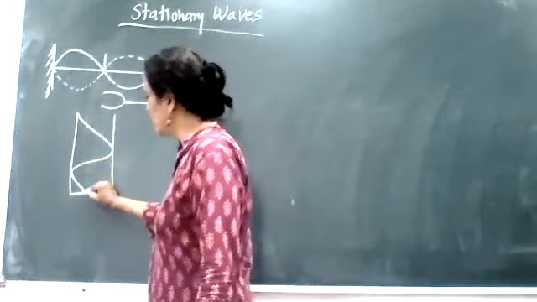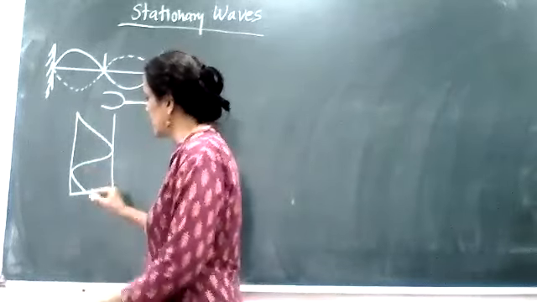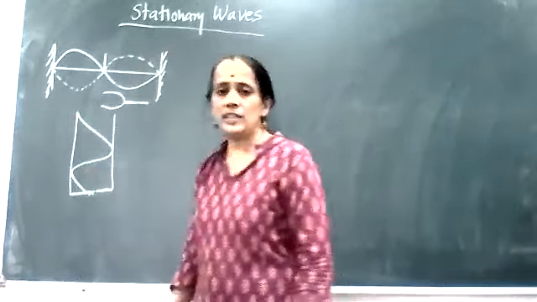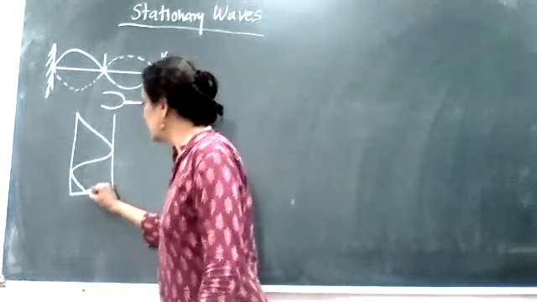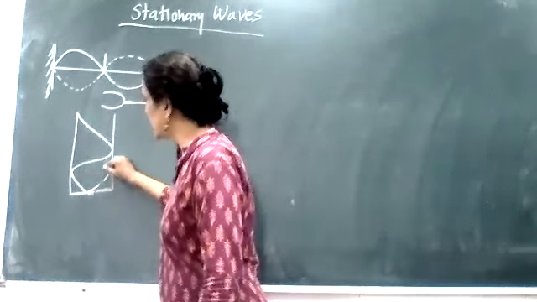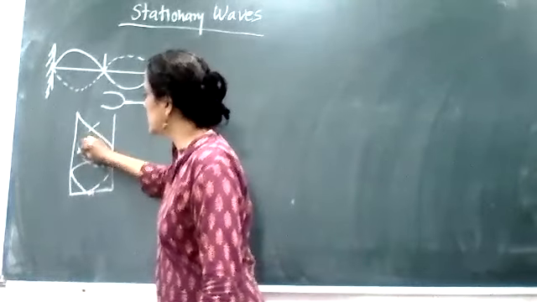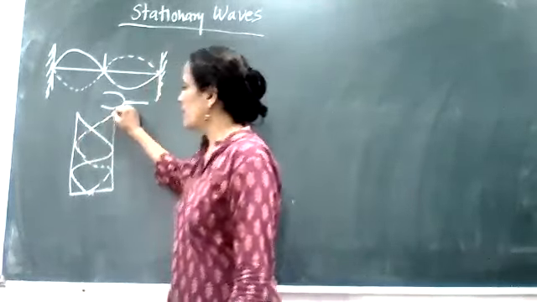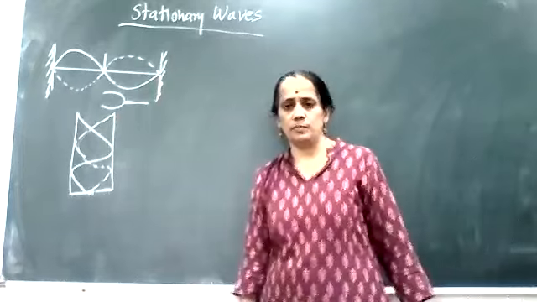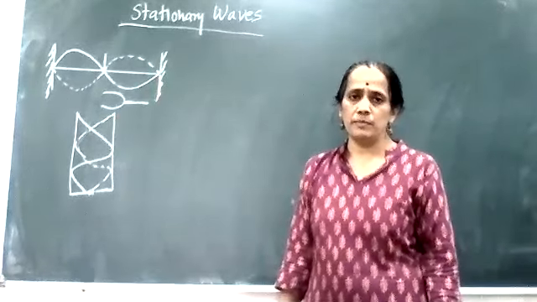And that wave with a thrust will be incident at the closed end and act as a reflected wave, and you will get such a stationary wave pattern inside the pipe.